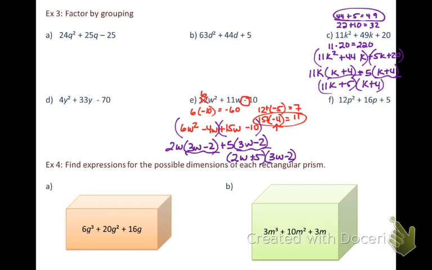Let's try B. Hopefully you have some space somewhere. I'm going to do some of the stuff above B. So I'm going to do 63 times 5 first, and that would be 315.